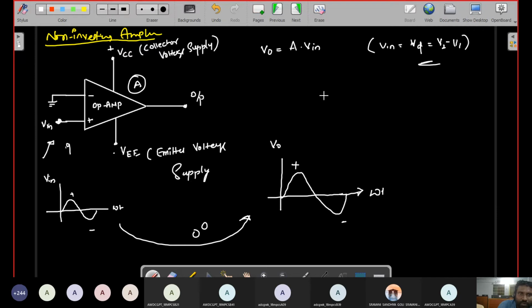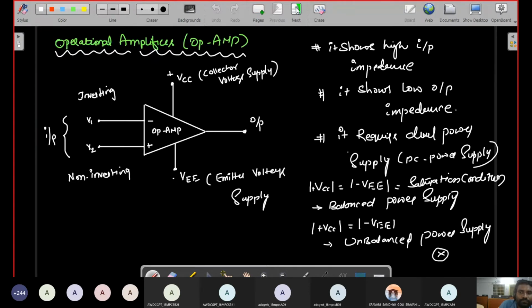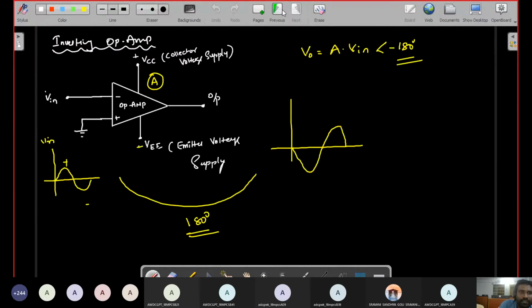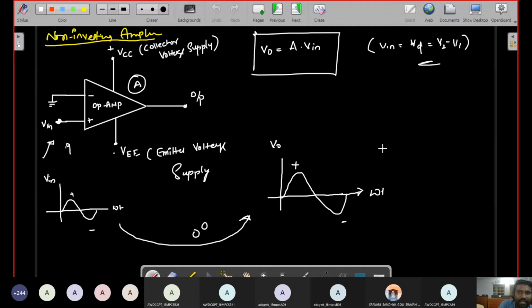So this is called a non-inverting amplifier. Please note everybody, this is a non-inverting amplifier. This is called an inverting amplifier, this is a non-inverting amplifier.